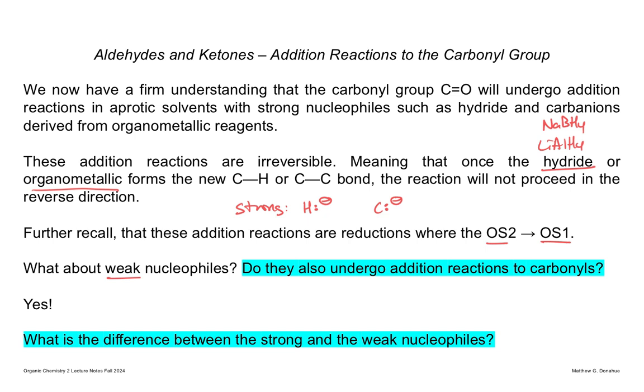Weak nucleophiles are generally neutral. So things like alcohols, thiols, amines, those neutral functional groups, they'll still add to carbonyls, but they do it in a reversible fashion.